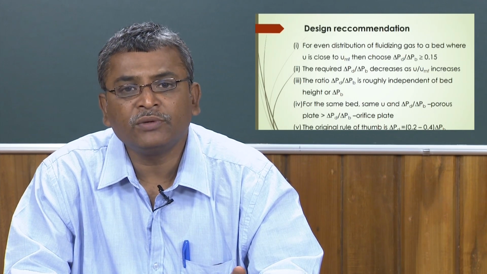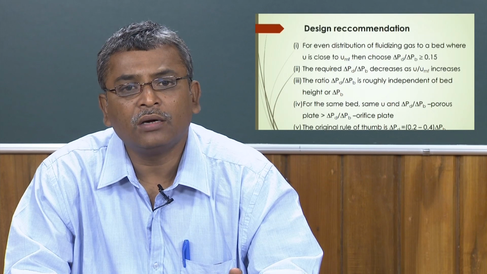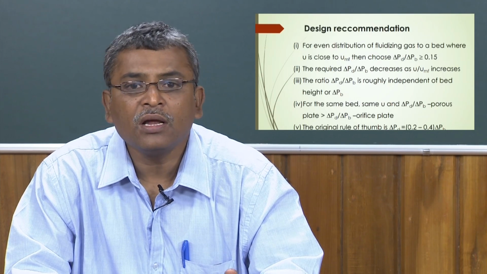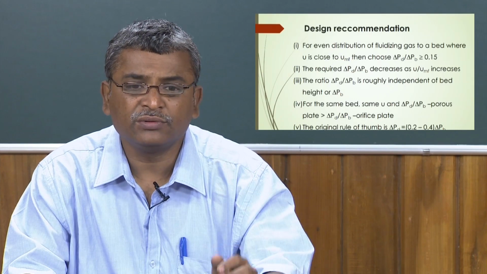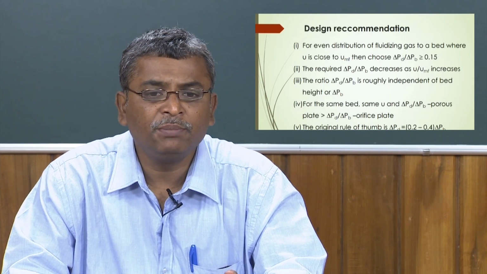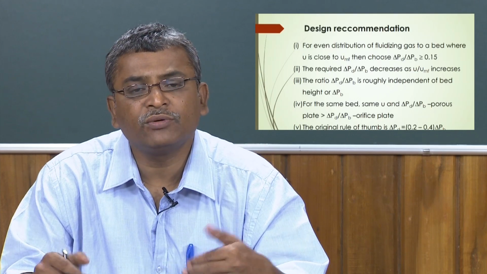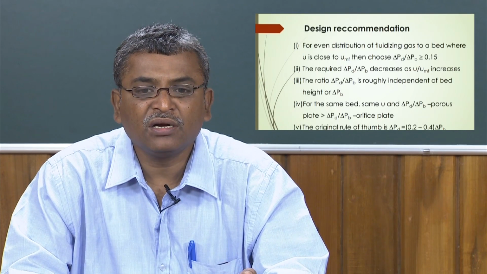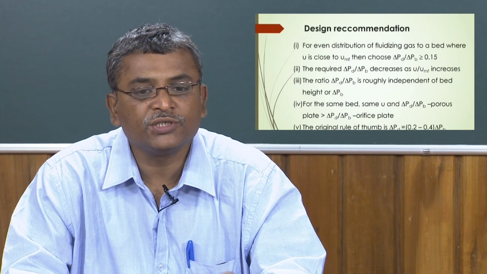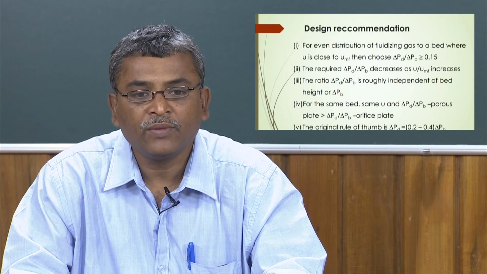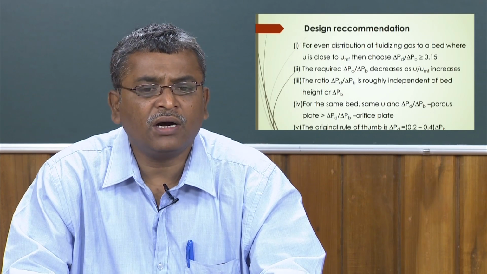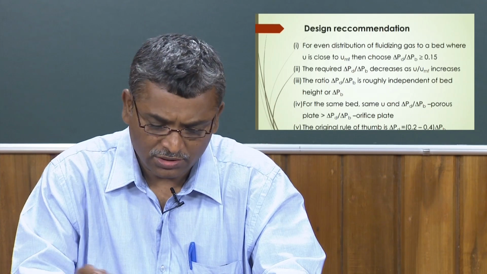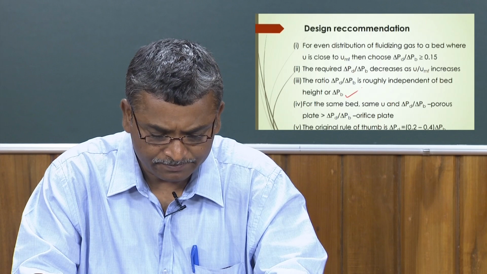That means the distributor pressure drop should be greater than 15% of the bed pressure drop. This ratio, delta P d by delta P b, decreases as you increase the fluid velocity inside the bed, and it is roughly independent of the bed height or the bed pressure drop.